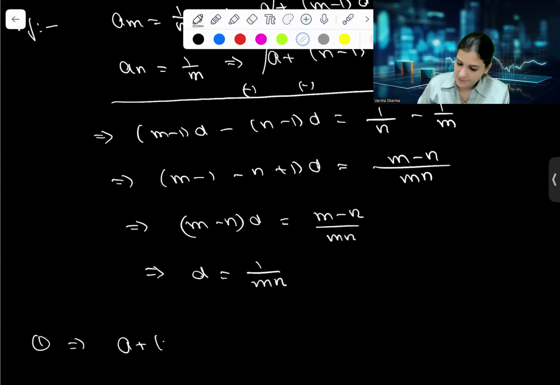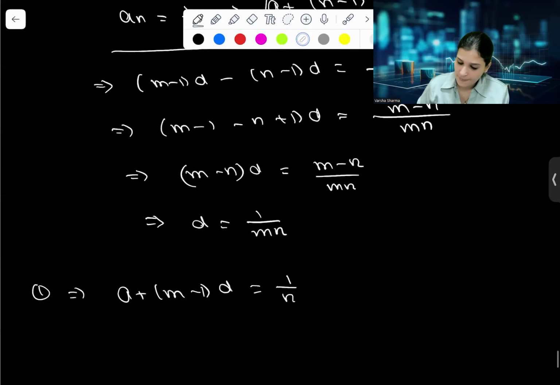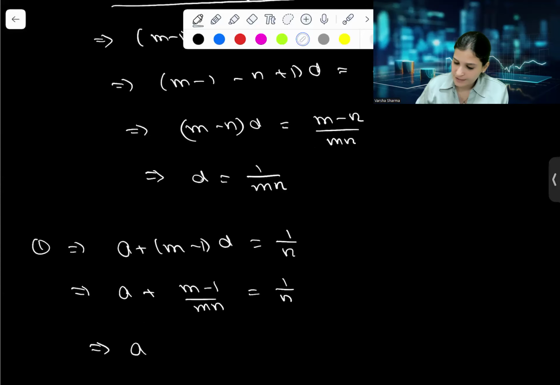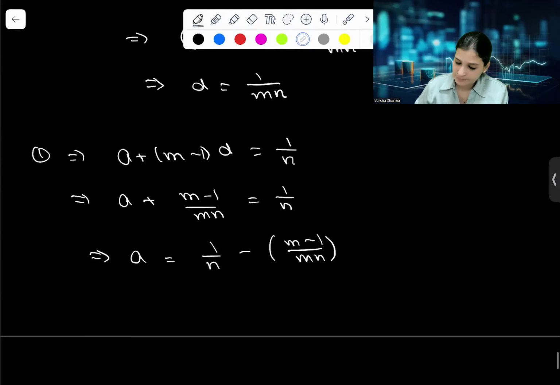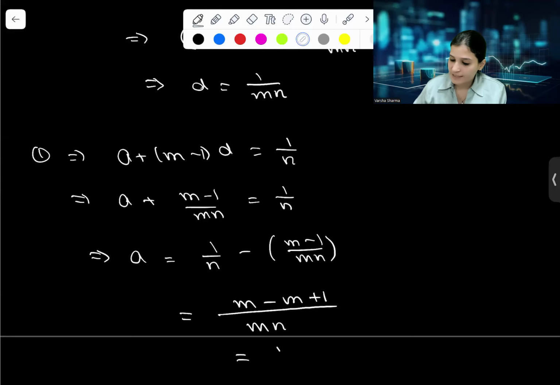So A plus (m minus 1)D equals 1 by n. Putting the value of D here, 1 by mn, shifting it to the other side, LCM. M minus m plus 1, m gets cancelled.